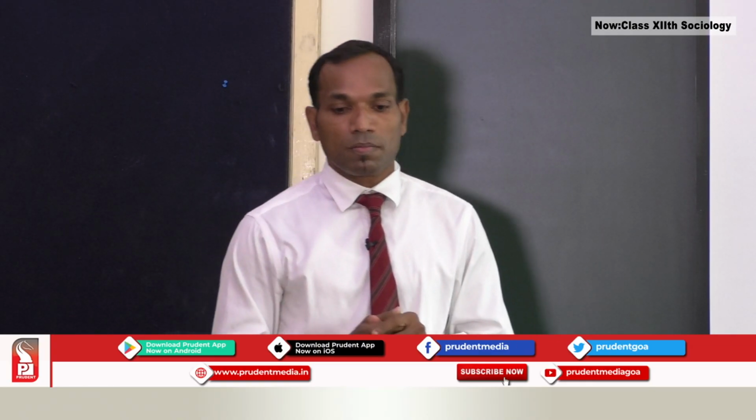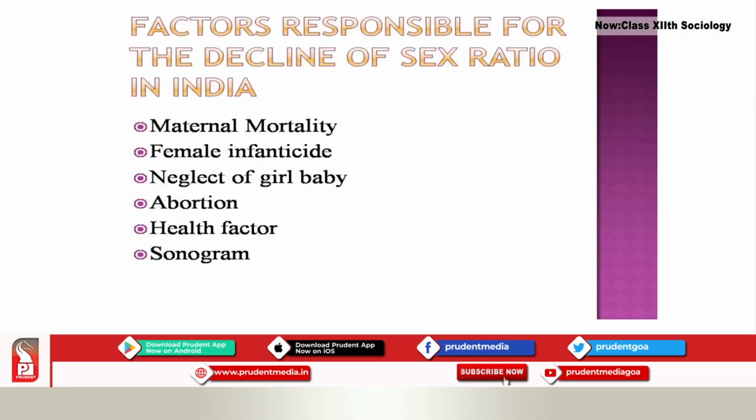But today we can see the prosperous families, the child ratio is declining in these prosperous families who have got all facilities. But these families today we are witnessing, they have got this decline of sex ratio. Now the next factor we have under the decline of child sex ratio in India is abortion.